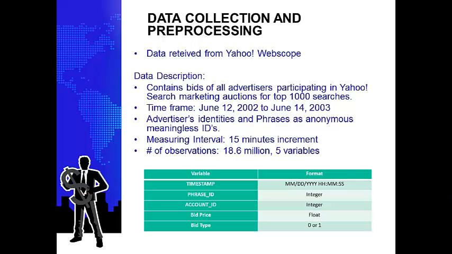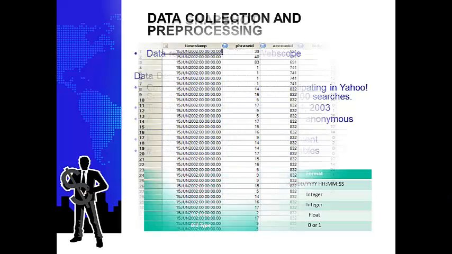We had the data for the top 1000 searches, and the time frame was June 12, 2002 to June 14, 2003. The IDs of advertisers and phrases were marked as meaningless IDs. The variables and the formats are listed below.